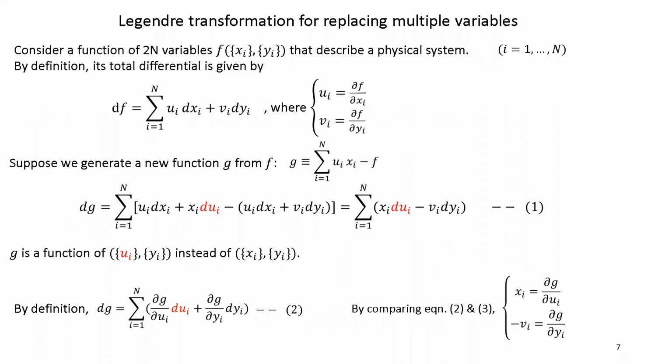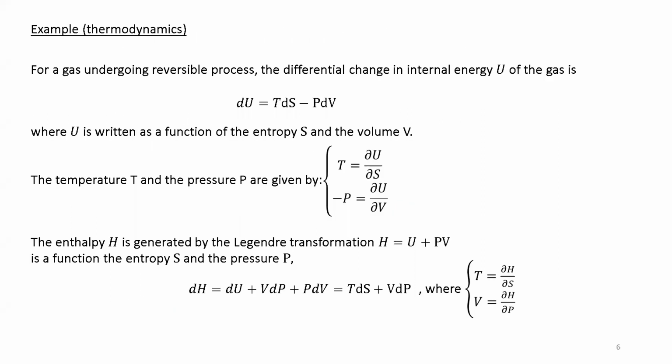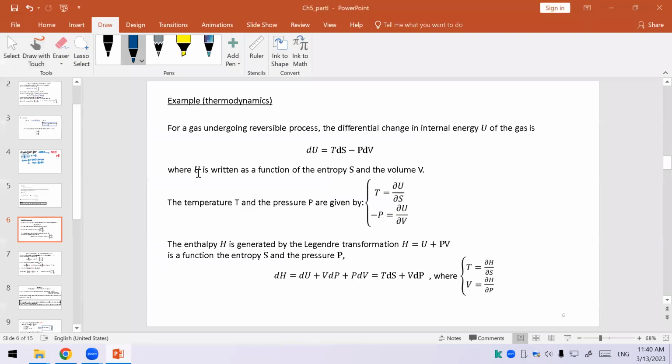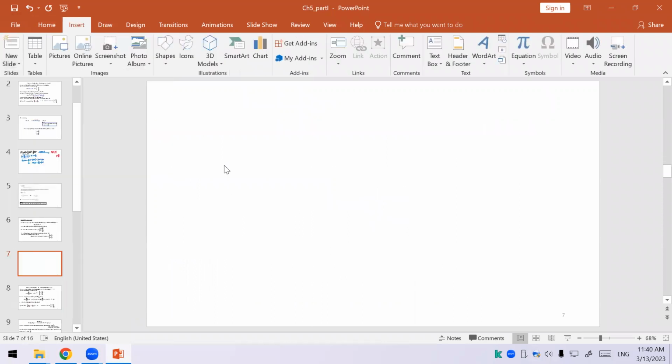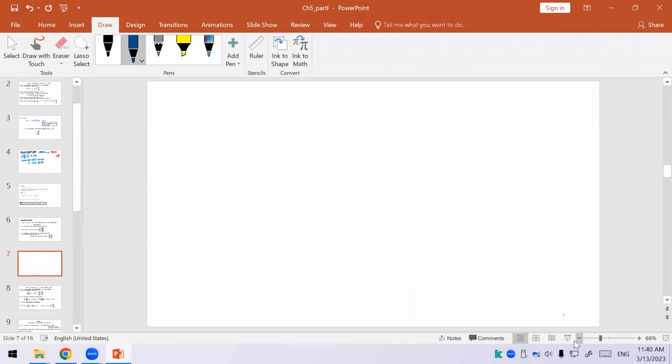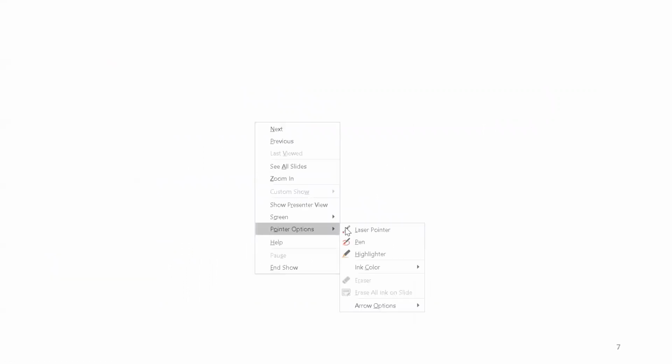Okay, so now what about more variables? For example, suppose I have a function f that has, let's say, four variables: x1, x2, y1, y2.